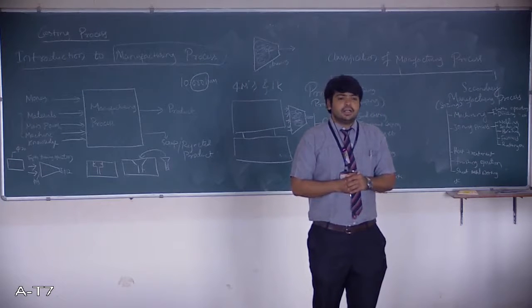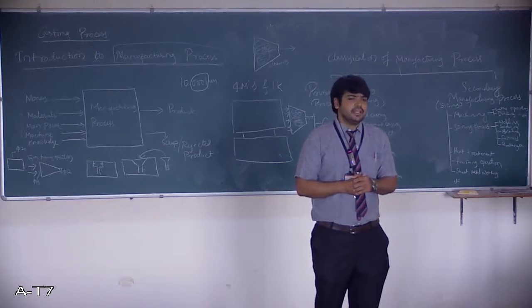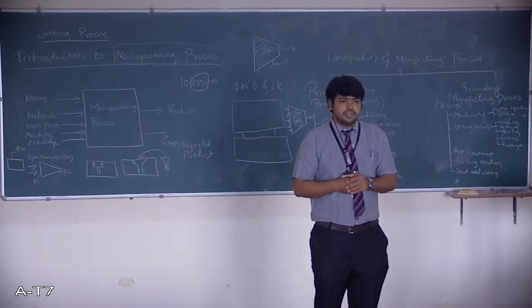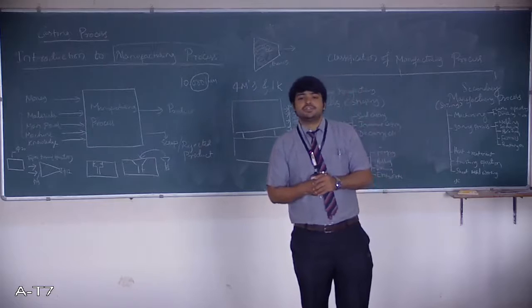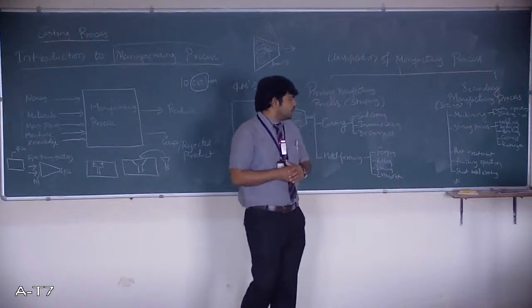Apart from electric arc welding and gas welding, we have laser beam welding, electron beam welding, and friction welding. Different forms are there, and we use those technologies for different material compositions as well as different applications, and also it depends upon the thickness of the workpiece that we are going to join. Then we have soldering.